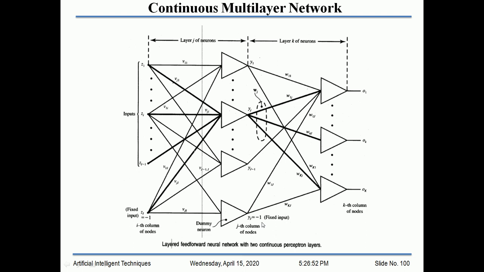I already told you, we are augmenting the input vector by -1, and we are augmenting the output of the hidden layer by -1. So obviously if the last element is J, the remaining elements in the hidden layer will be J minus 1. These are the outputs of the hidden layer.